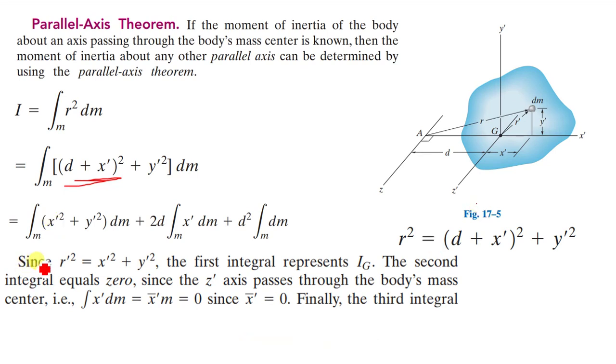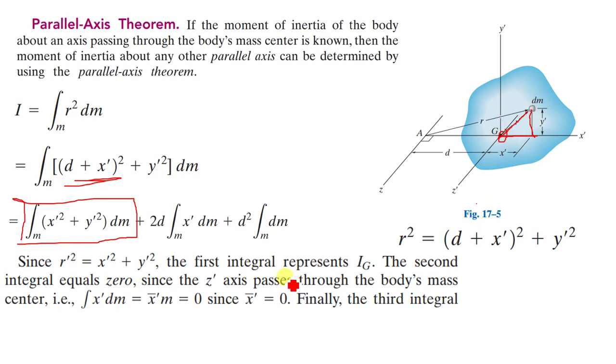Since r prime squared is equal to x prime squared plus y prime squared, the first integral represents Ig. This one is the moment of inertia about the center G. Because we know this r prime here is just equal to x prime squared plus y prime squared, which is just representing Ig.